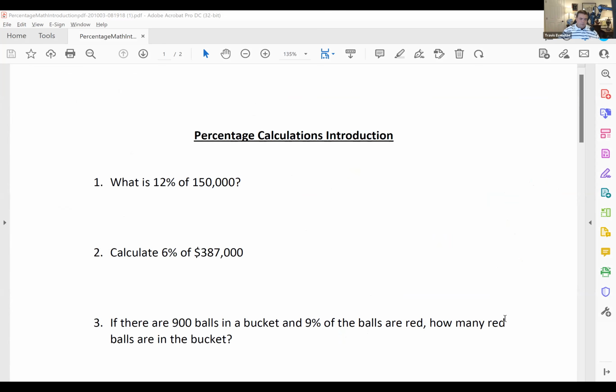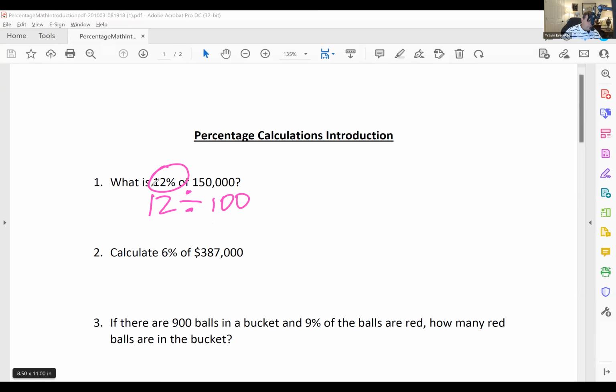So look at this first question here. What is 12% of $150,000? Well, let's take a look at this and think about it. We know that 12% is the same thing as 12 divided by 100.